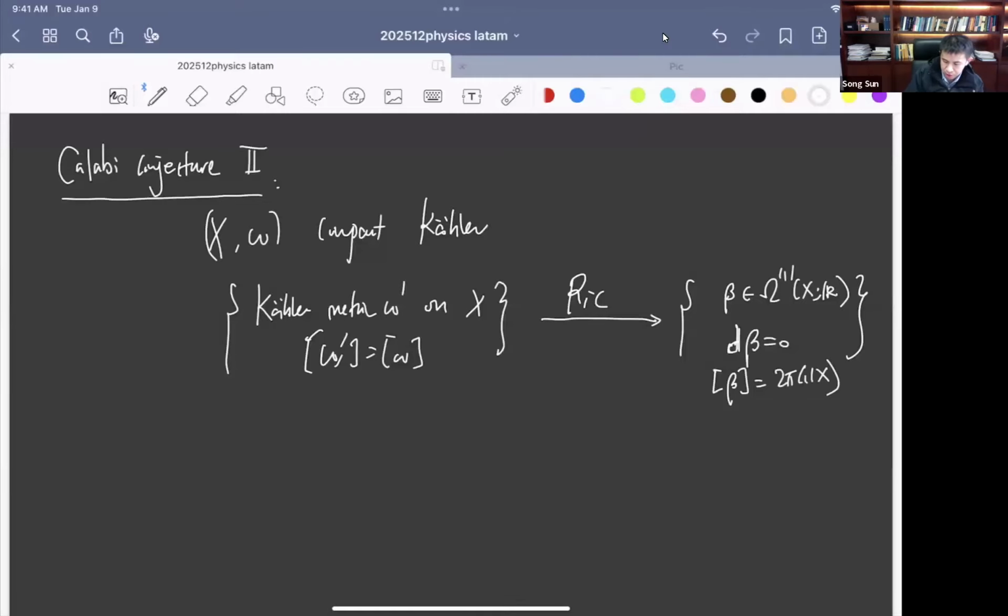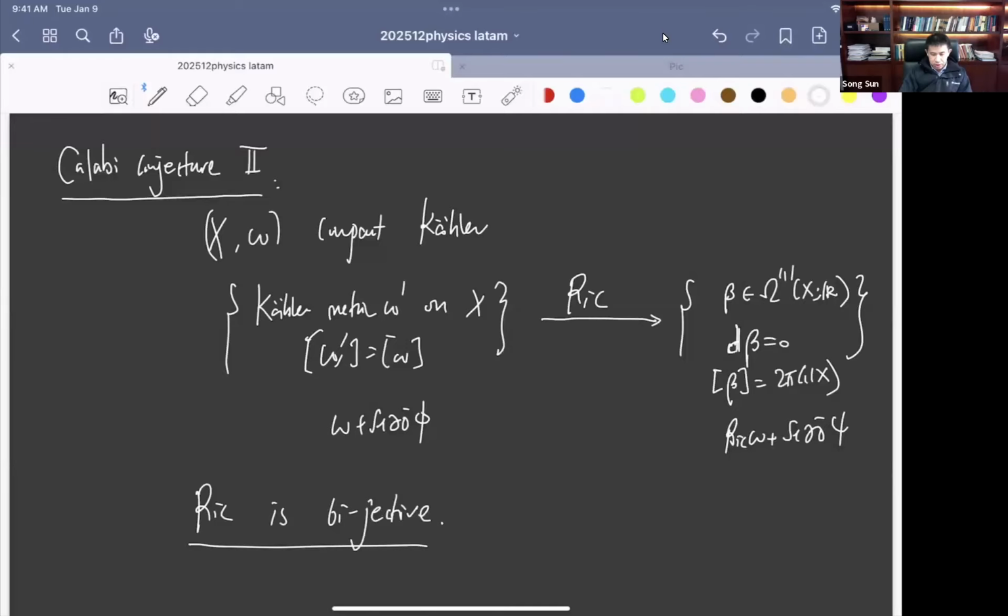In other words, you can view it as a map from one cohomology class, which is the cohomology class of omega, so it's essentially omega plus partial partial bar phi, to the other cohomology class, the first Chern class, which is just Ricci of omega plus partial partial bar of some psi. Any phi you get a psi, and this map Ricci is bijective. So they have roughly similar size, because each is just an open set in a space of functions.